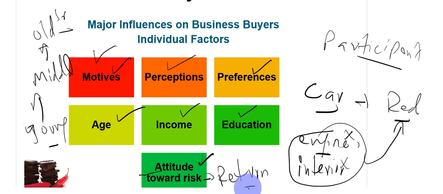So when you take risk, then you will definitely have some return. At the same time, you may get some loss. There are some people who try to experience new things, and that's why they can take the risk of new things. But there are some people who do not try new things, and they are not able to take more risk. So the personality of the individuals who are taking a decision is important here.